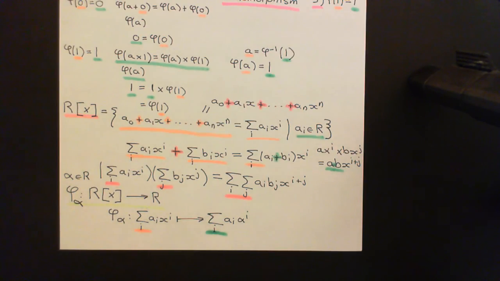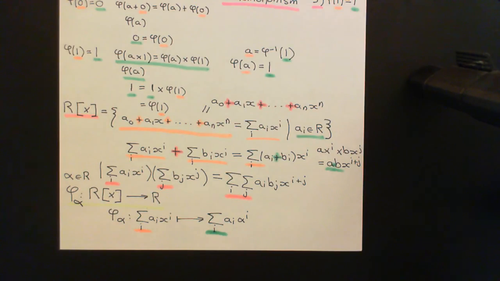So the first thing to say is that this is absolutely not going to be bijective. You're going to have lots of different polynomials in here being mapped onto the same answers over here. Yes, it is going to be surjective, but it's not going to be injective. However, it is going to obey the properties of a homomorphism, so let's go through those properties.